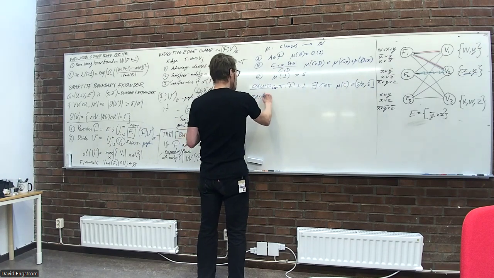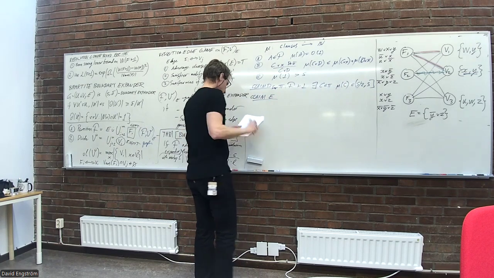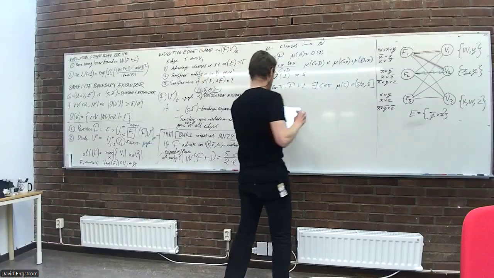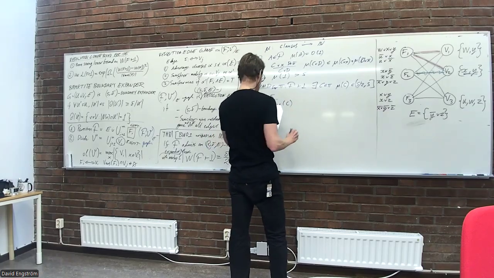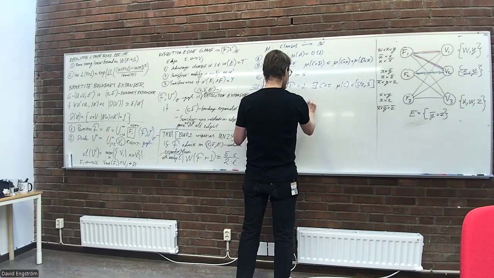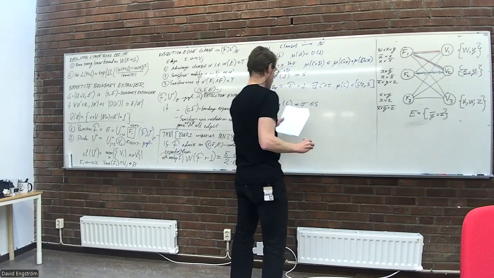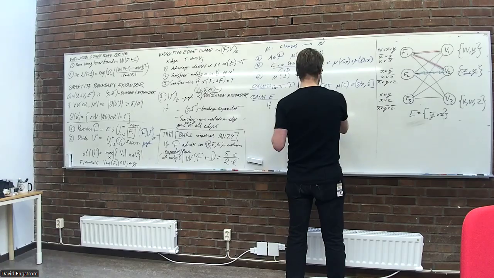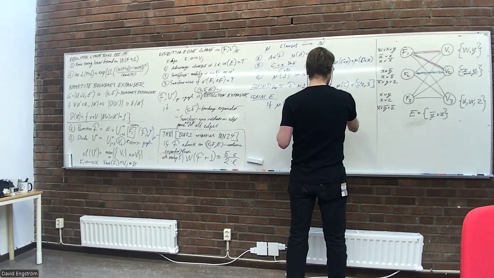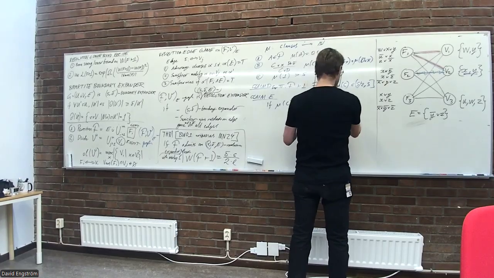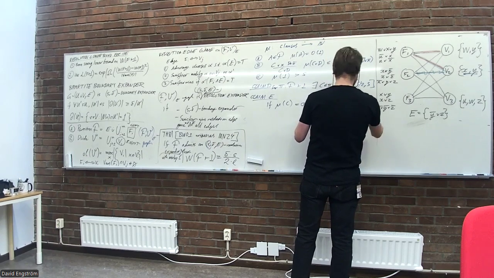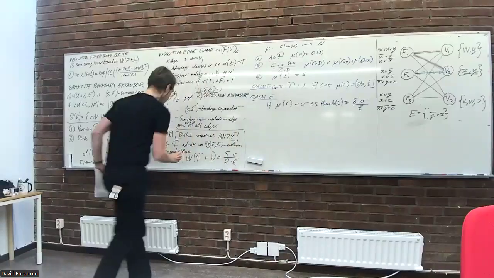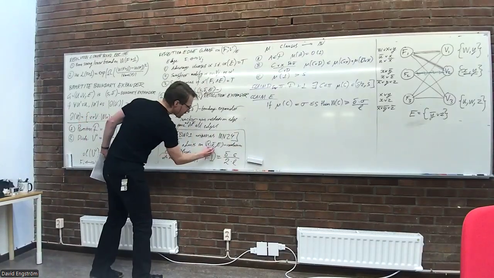Then the next claim is going to be that if mu of C is some sigma, which is at most S, then the width of C is at least delta times sigma over L. And L is this guy, and sigma is this guy.